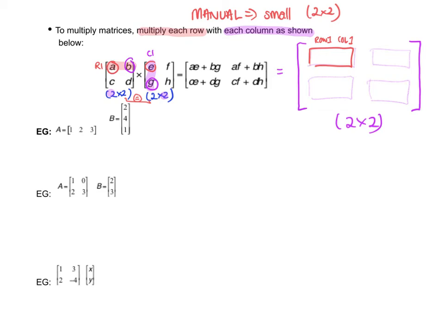So that's why you're seeing A and E times together plus B and G, and that gives the answer in here. So that's where AE plus BG goes in there. All right, so if I was going to do this box here, I know that this is in row 1, column 2.